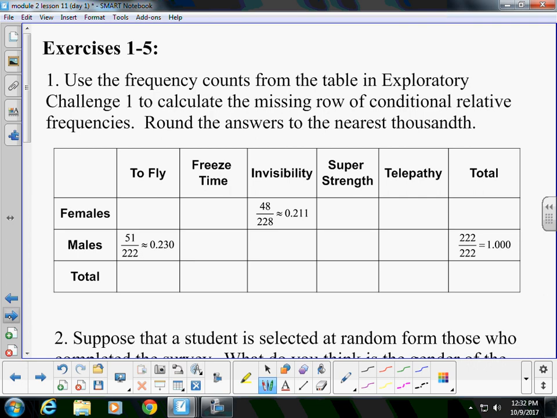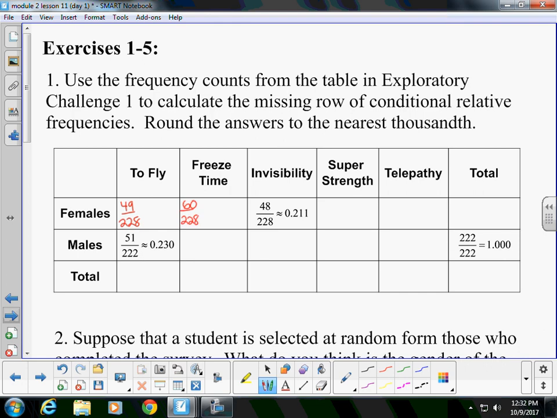So for females who chose to fly, that's 49. So I'll be taking 49 and dividing it by 228. For females who chose freeze time, that's 60 out of 228 females altogether.